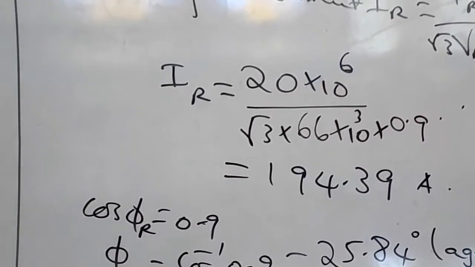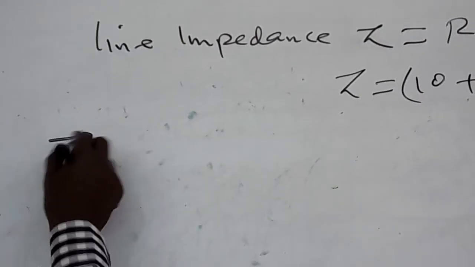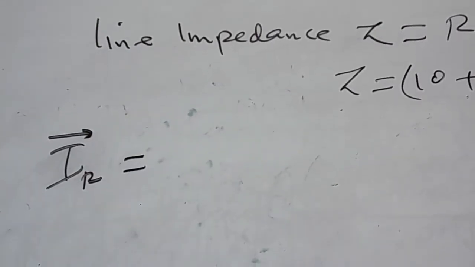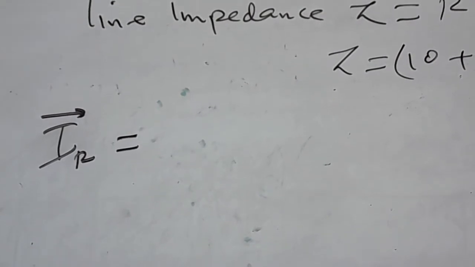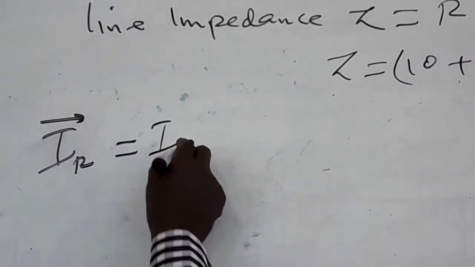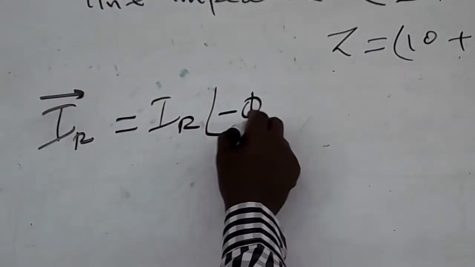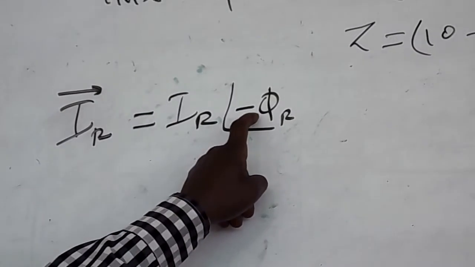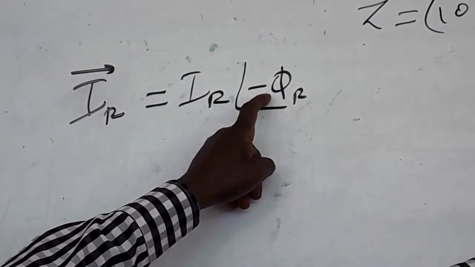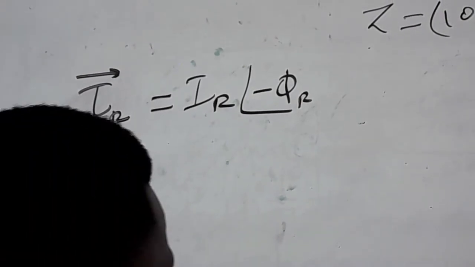Thus, the phasor value of IR will be equivalent to the magnitude IR at an angle of negative phi R. It is negative because the angle phi R is lagging.